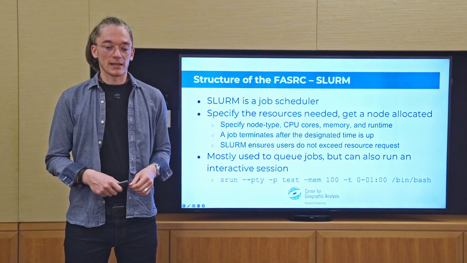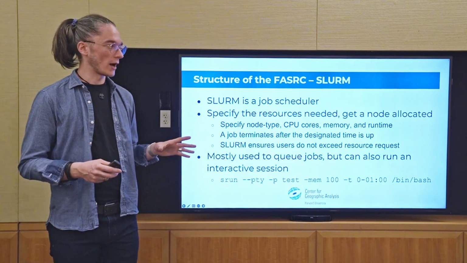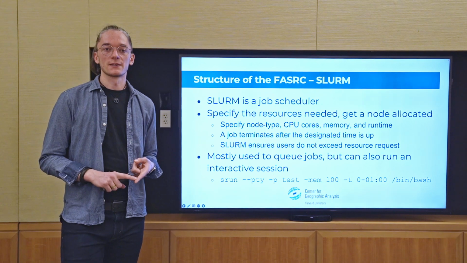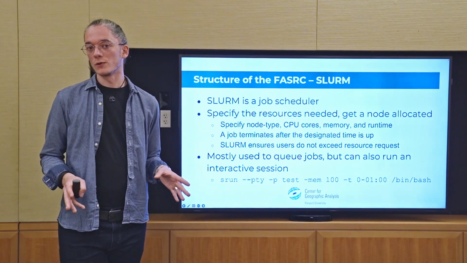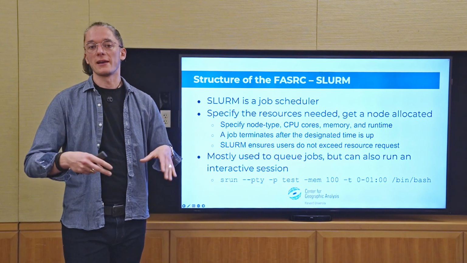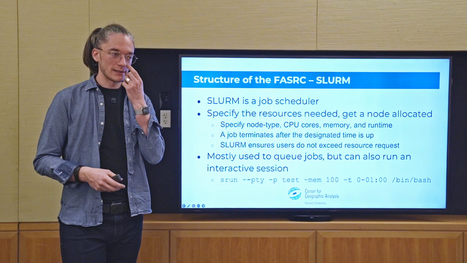Now, there are basically 2 ways to use the system and to ask for computing performance with Slurm. One is the most dominantly used, which is just submitting a job to a queue that will then be run asynchronously.